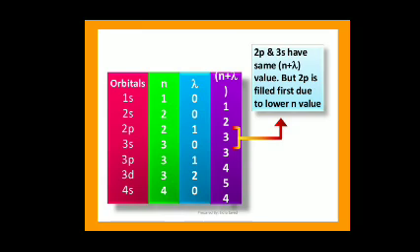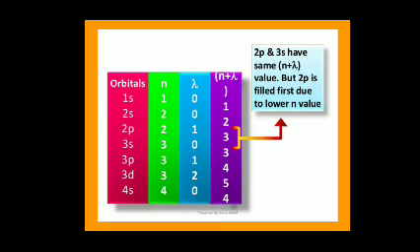Take 2p and 3s. 2p and 3s have the same n plus l value. Here l means the azimuthal quantum number. But 2p is filled first due to the lower n value.